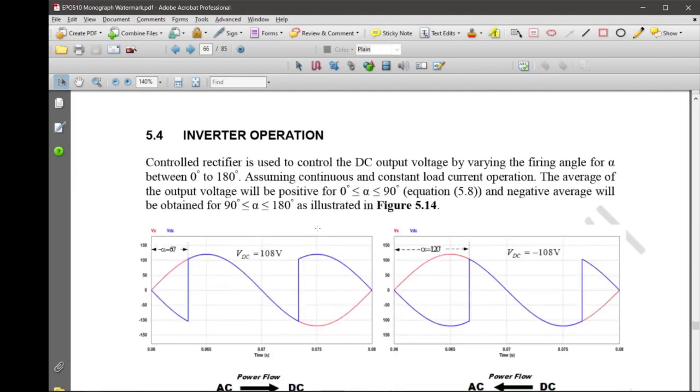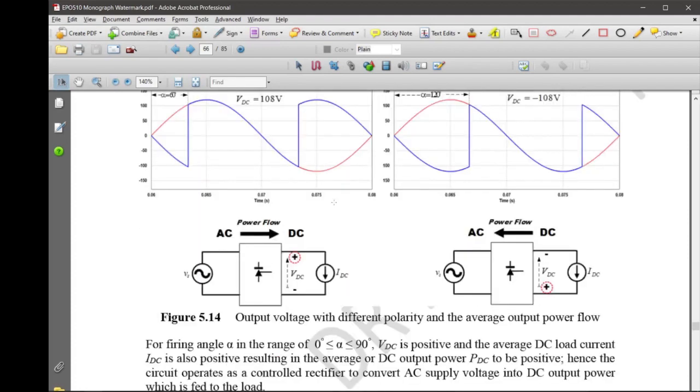Even though this circuit is a rectifier, at a certain value of alpha, in the case of a constant output current, for example, as we mentioned before, when we drive a DC motor, we always have the armature current, which is a constant current. So at a certain value of alpha, you can see that the output voltage is reversed.